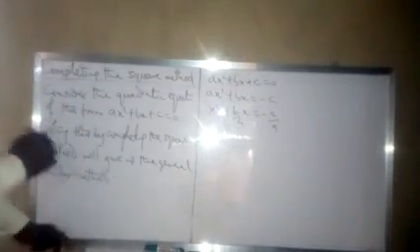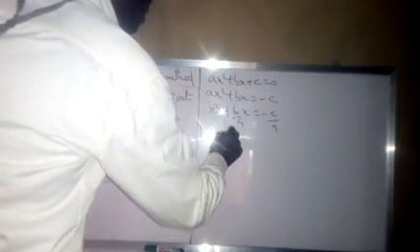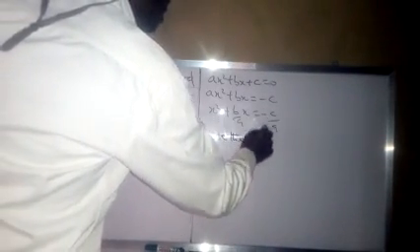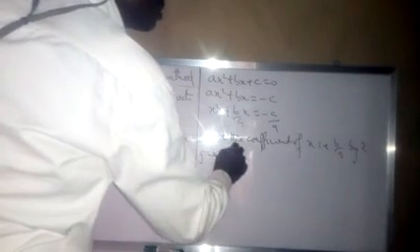Now the next thing is, let's divide the coefficient of x, that is b all over a, by 2. That gives us b all over 2a.